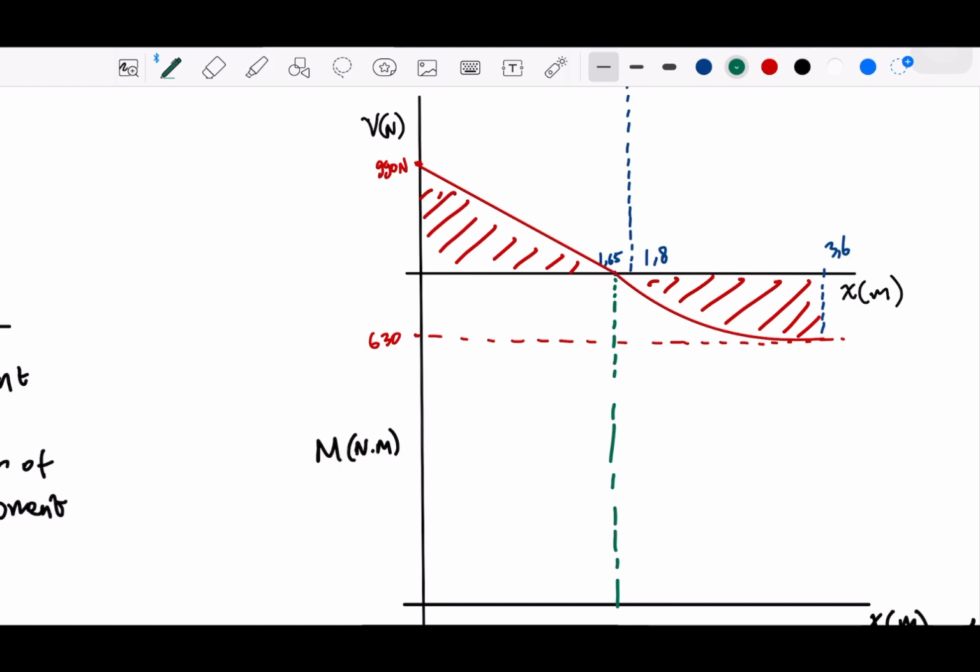So you can just write or draw like that and like that, and you need to make sure that this is different from this part. So this is square, this is cubic, and where's the maximum? At 1.65, so nearby the 1.8.